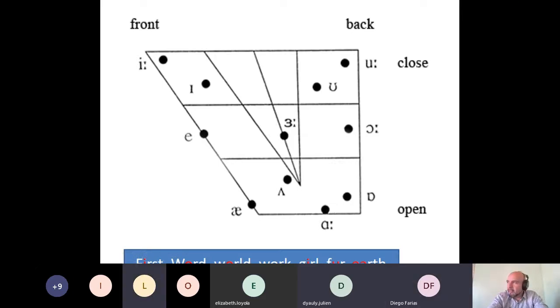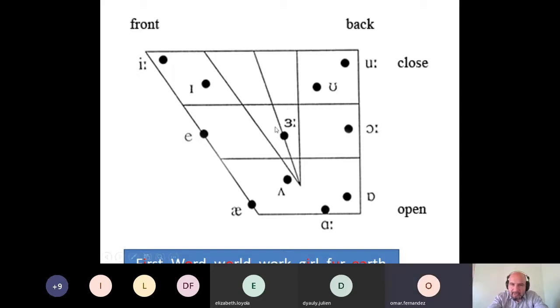Maybe lip tension, showing the lip or not. The lip rounding. Okay, lip rounding. In O, yes. And in E there is no lip rounding.